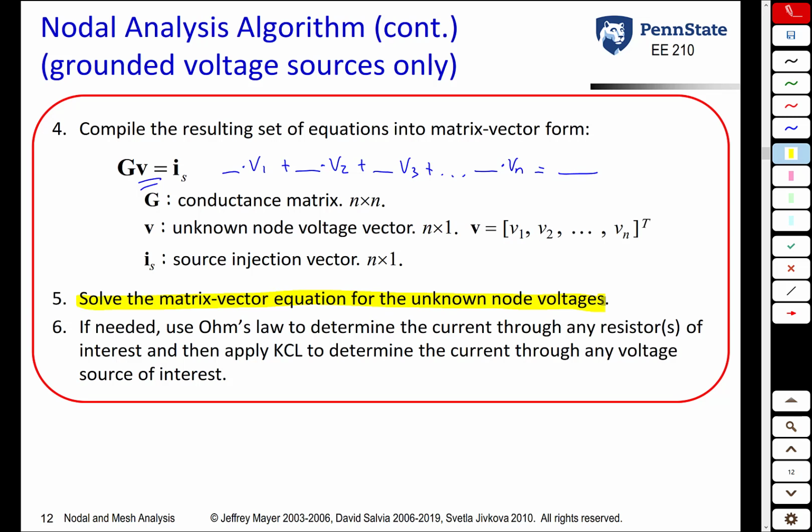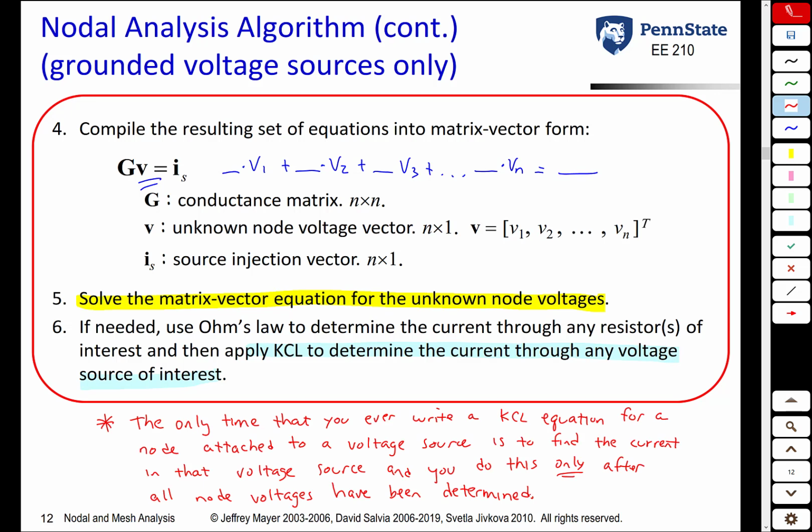And finally, and this is an important point we'll see in some examples, if you need to find the current through a voltage source, you can apply KCL to determine it. The only time you ever write a KCL equation for a node attached to a voltage source is to find the current in that voltage source, and you do that after you find all of the node voltage variables.